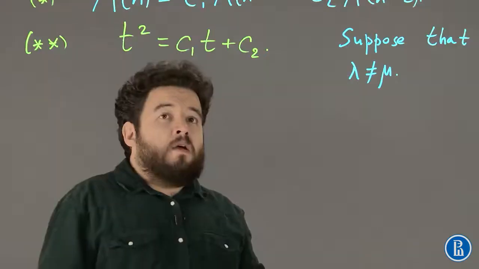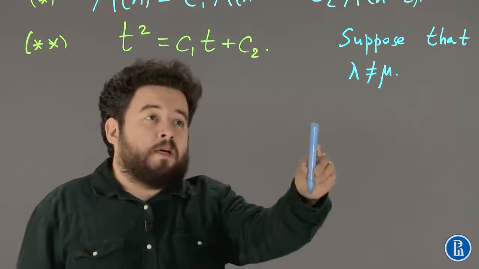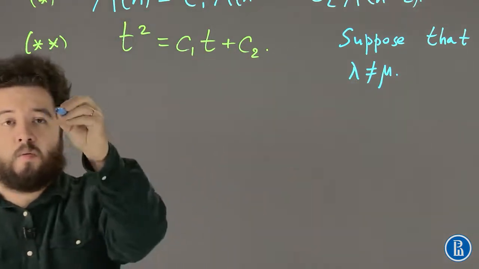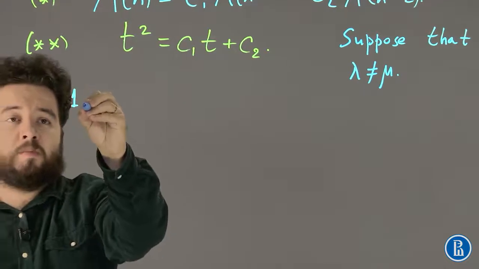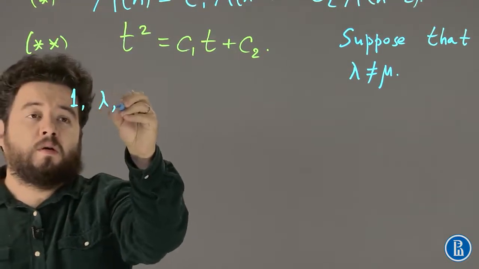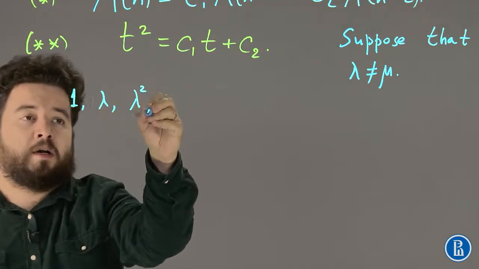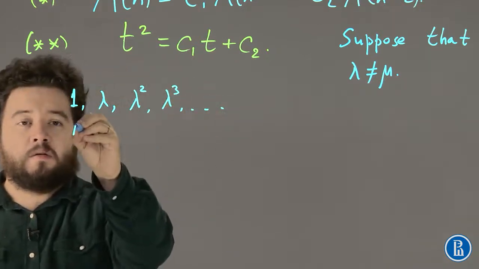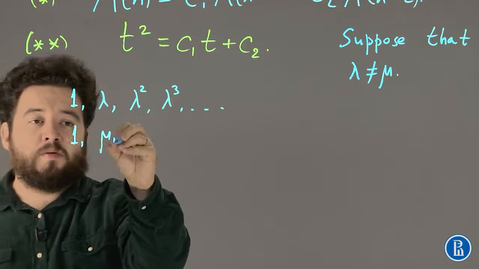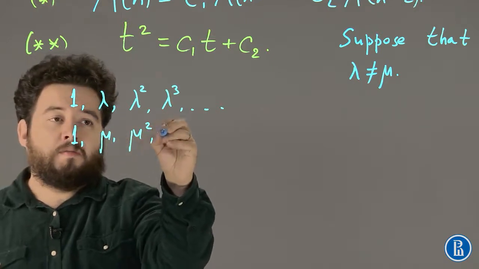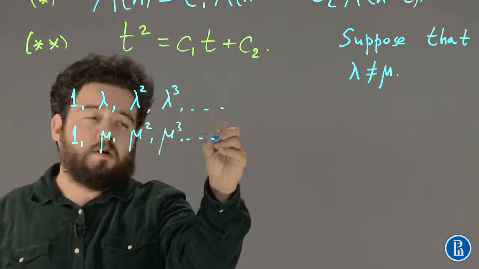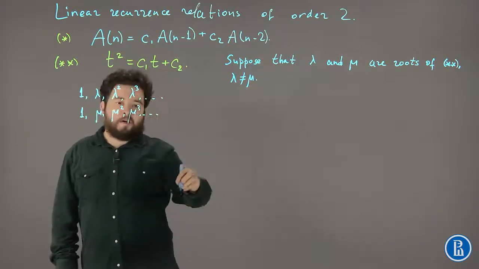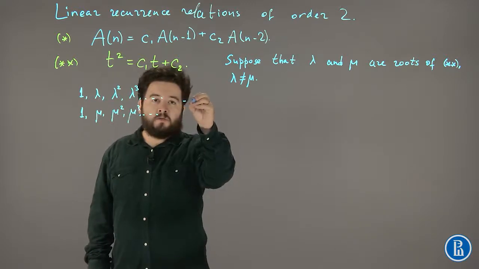Okay, so as we have seen previously, if lambda and mu are roots of this equation, then we have two geometric progressions: 1, lambda, lambda squared, lambda to the third, etc., and 1, mu, mu squared, mu to the third, etc., which are solutions of this linear recurrence relation of order 2.